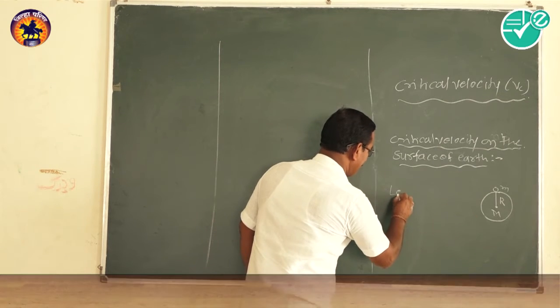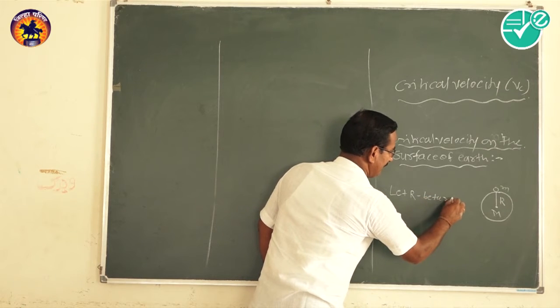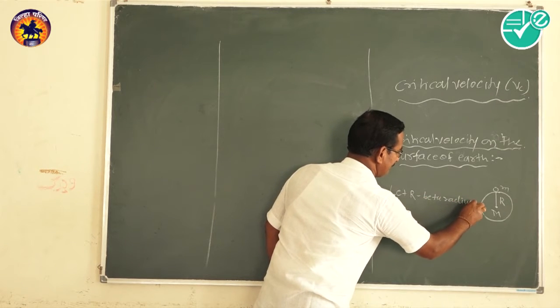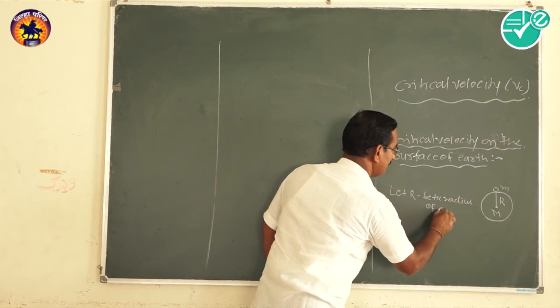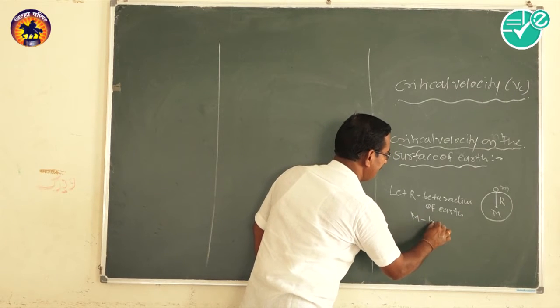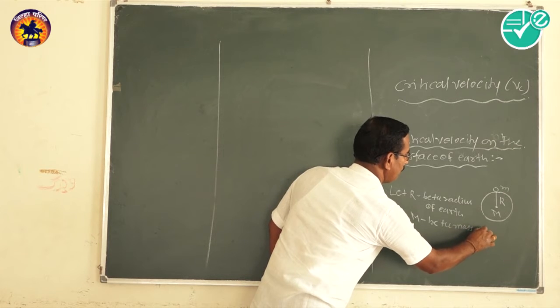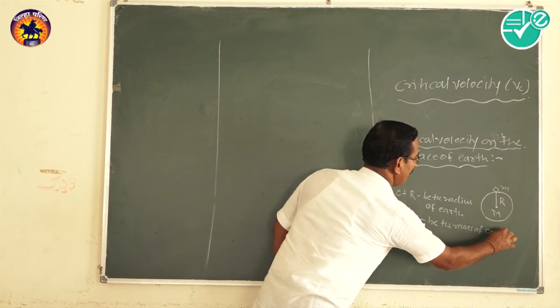Let capital R be the radius of Earth and capital M be the mass of Earth.